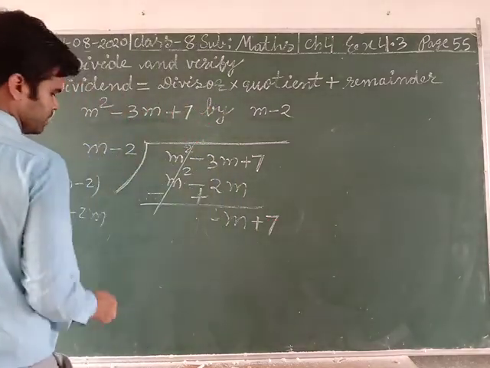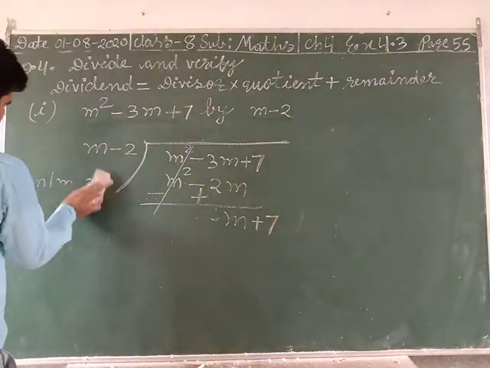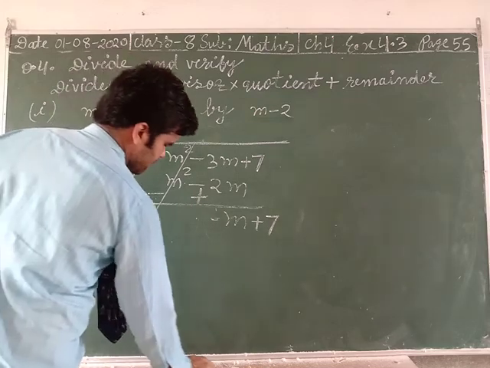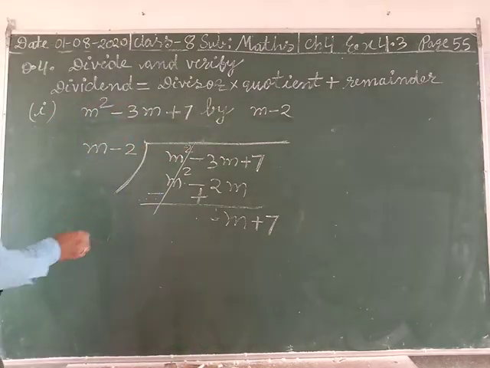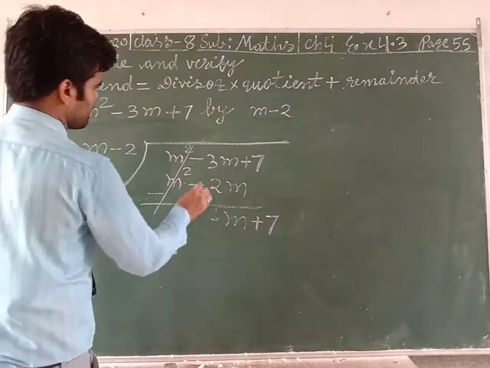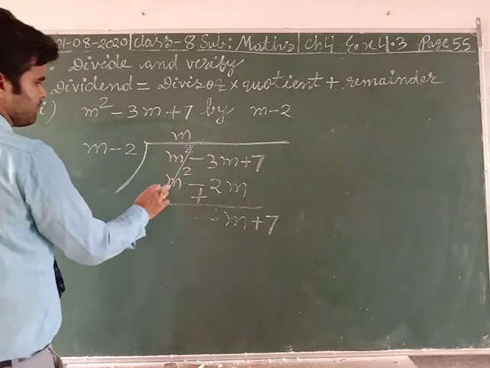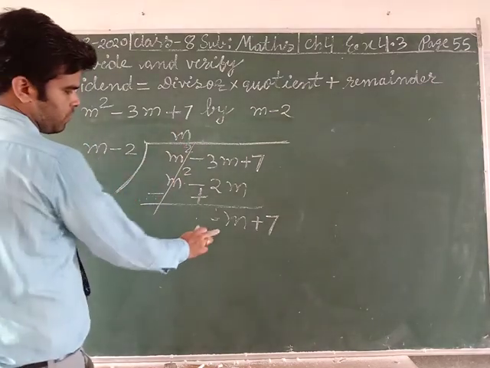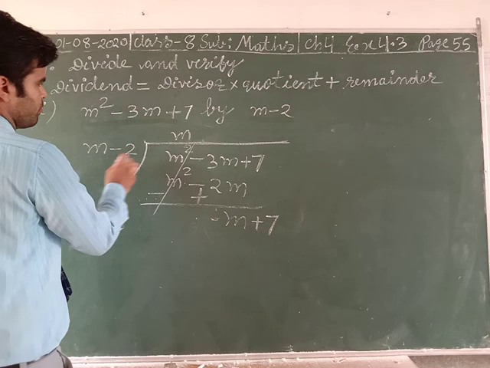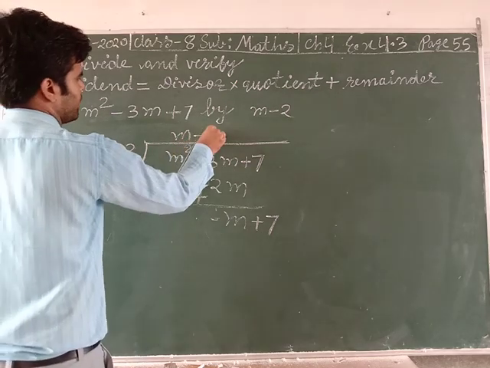So students, minus m plus 7, it become what? Here is m and here is minus m. First we have multiplied by m, so I have written here m. Now for this m minus m we have to multiply by minus 1.